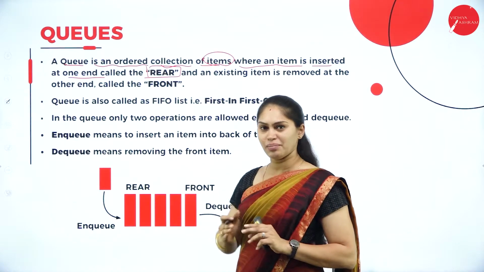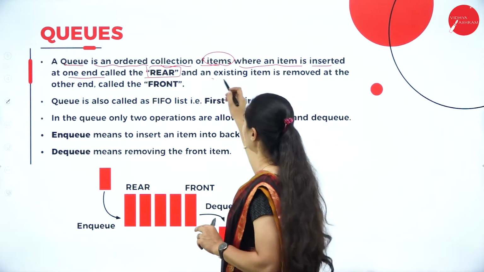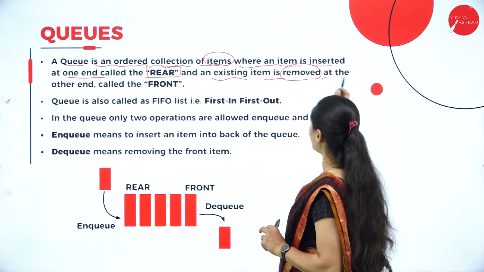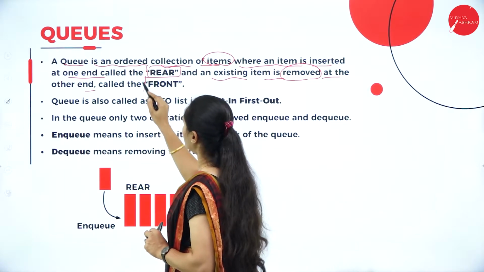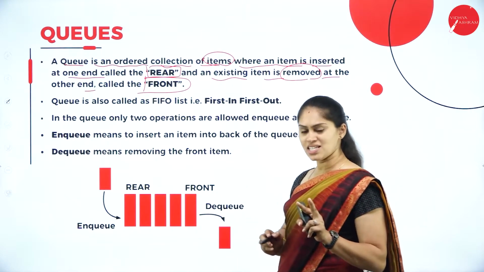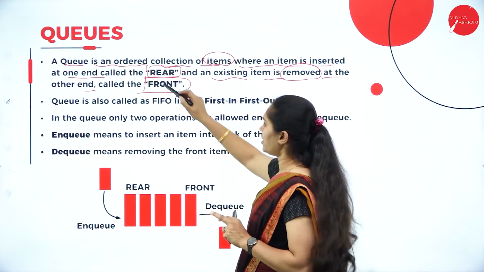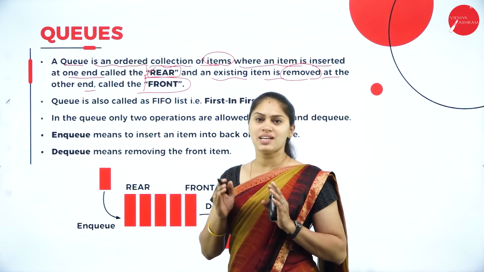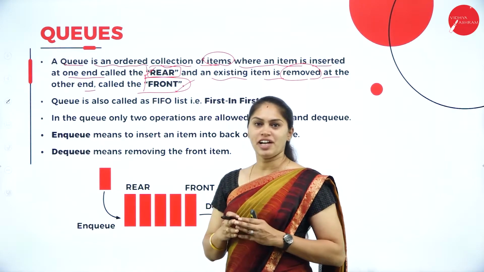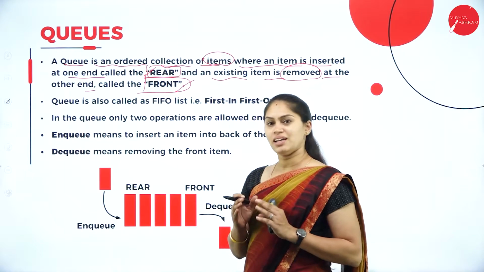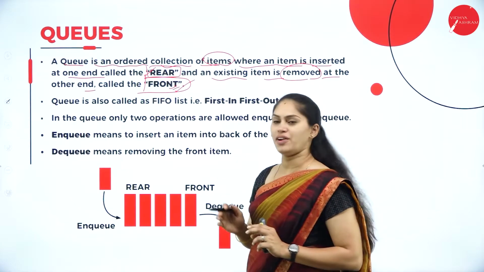Here insertion will be at the rear end and an existing item is removed or deleted at another end called the front. So here we have two ends, the rear end and the front end. If you want to insert an element, we have to use the rear. If you want to delete an element from the queue, then we have to use the front, right?